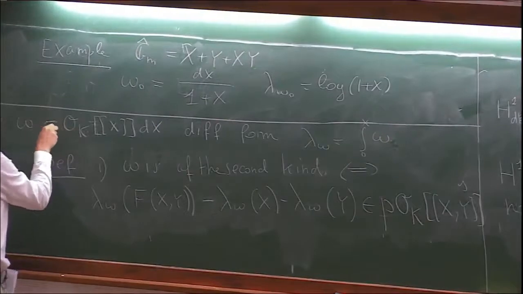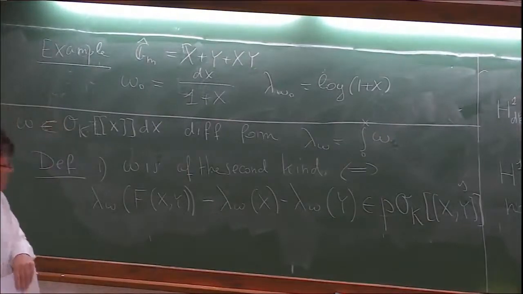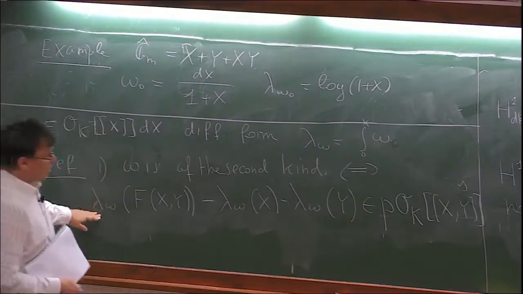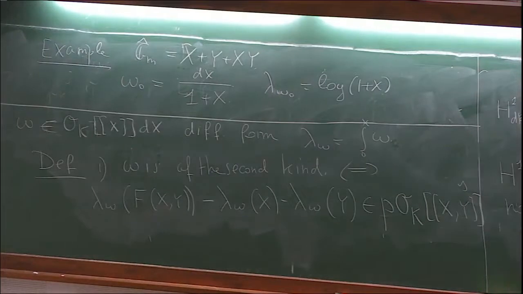So omega is of the second kind if it satisfies this property of logarithms, but only modulo p.